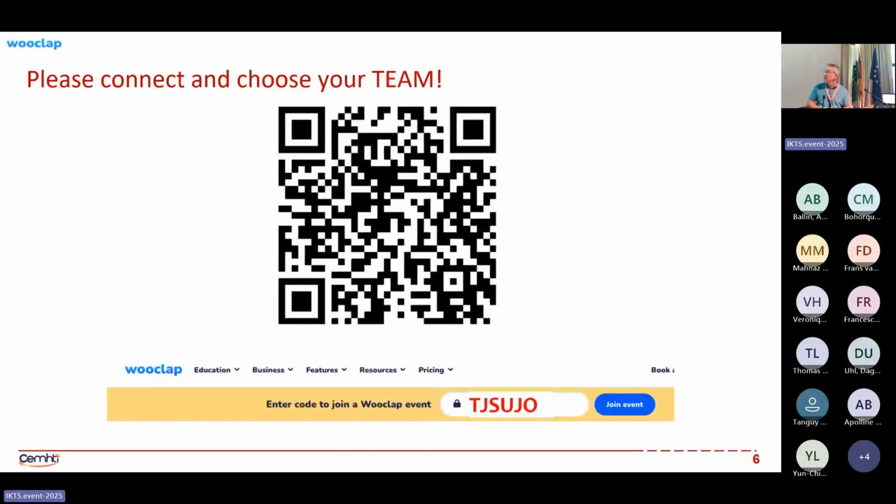So to do that, take your phone, please, and flash this QR code. Or if you cannot, you can also Google WOOCLAP, like it is written here, and enter directly the code TJSUJO.